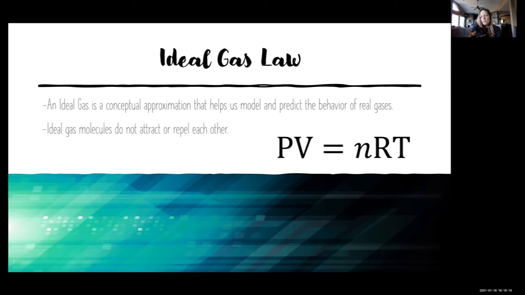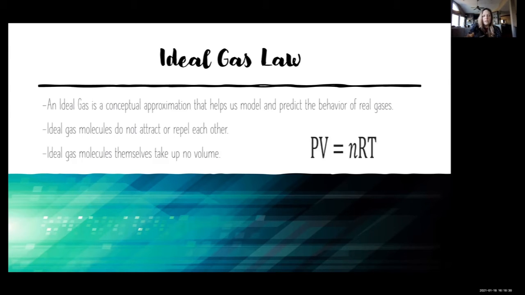So it's literally a pretend gas that we use in these equations so that we have something to work with, because all gases are a little different. In an ideal gas, the molecules don't attract or repel each other, and I love this one, they take up no volume. So obviously it is ideal, and it's what we use to work out the problems.